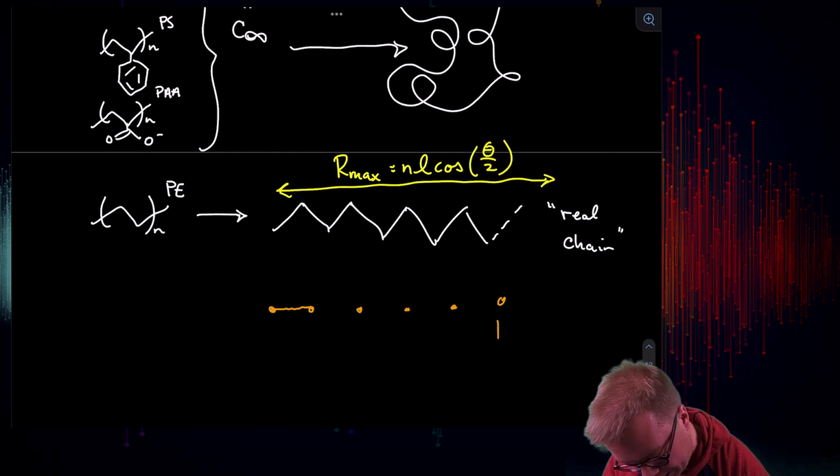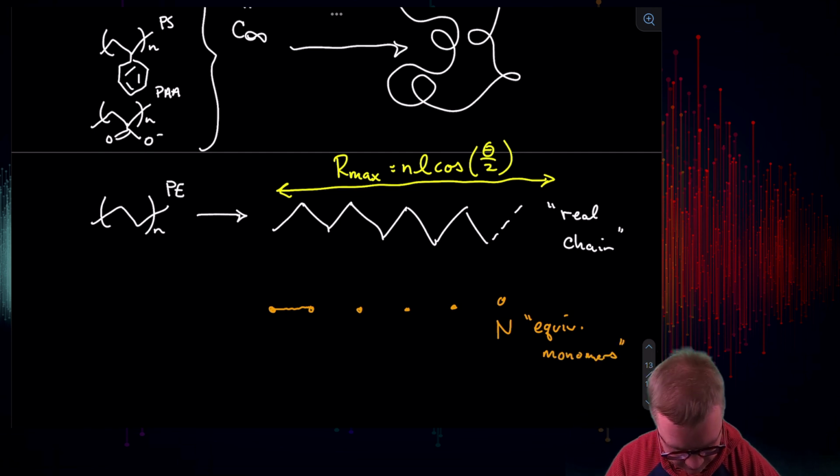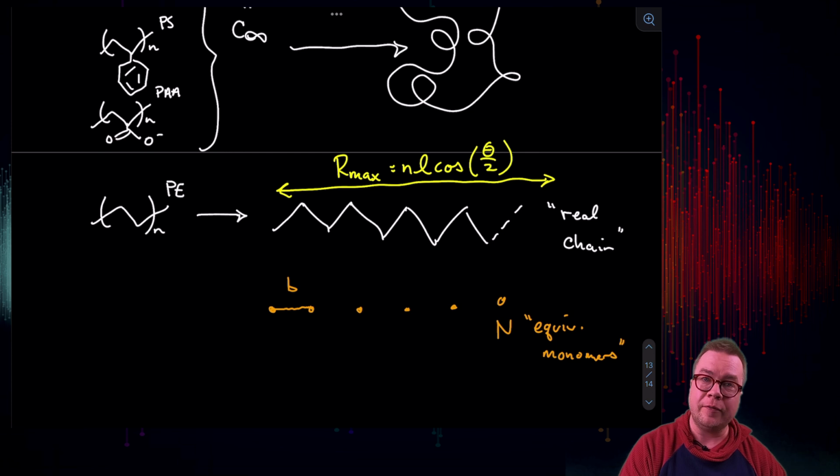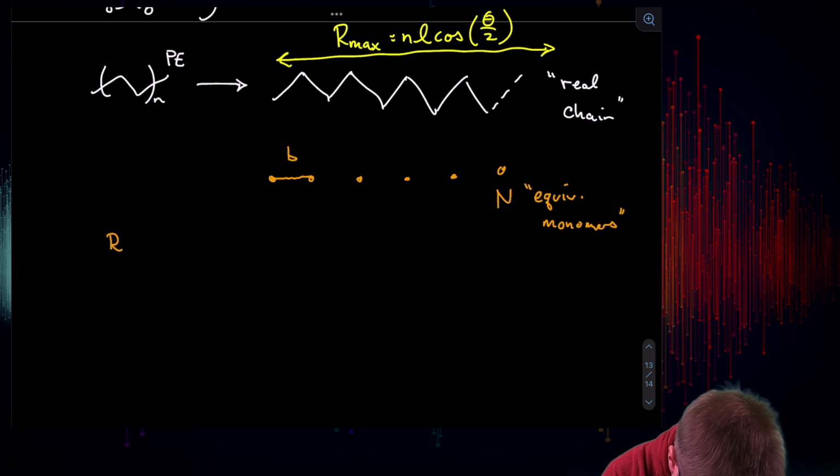And what I would like to do is replace it with an equivalent chain where I have capital N equivalent monomers, and each of those equivalent monomers will have a bond length of B. So what I want is R max for the real chain equals R max for the equivalent chain.